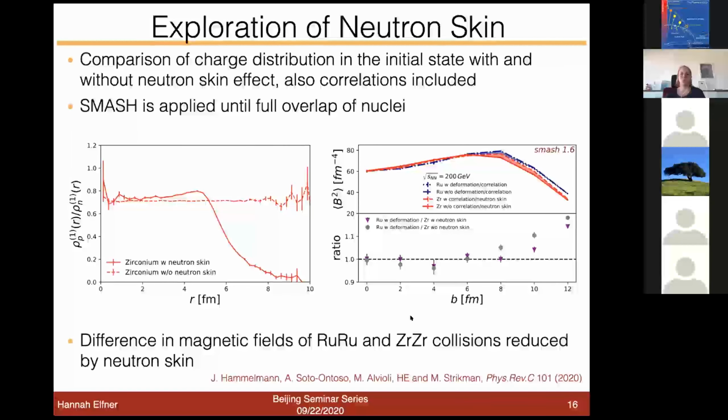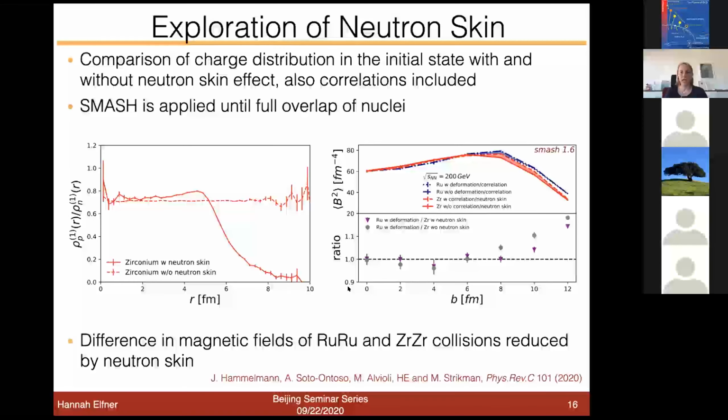But since only one of those nuclei will most likely have a neutron skin, and here we have the most pessimistic assumption, so the largest neutron skin possible for zirconium assumed, but in that kind of worst case scenario, you will change the difference in magnetic fields here by roughly 50%. So you will not see as much difference in the magnetic field as one hoped for. Yeah, so that was one application of our initial state implementation.